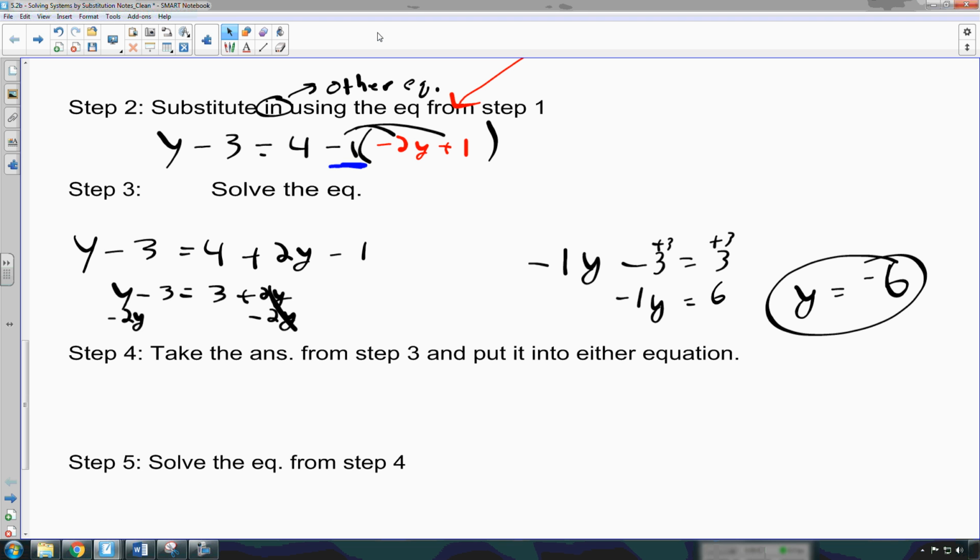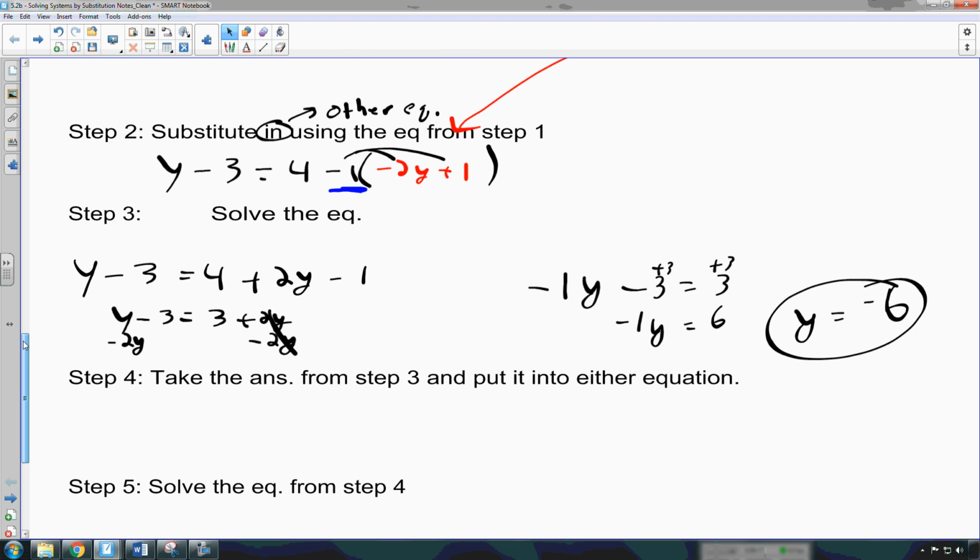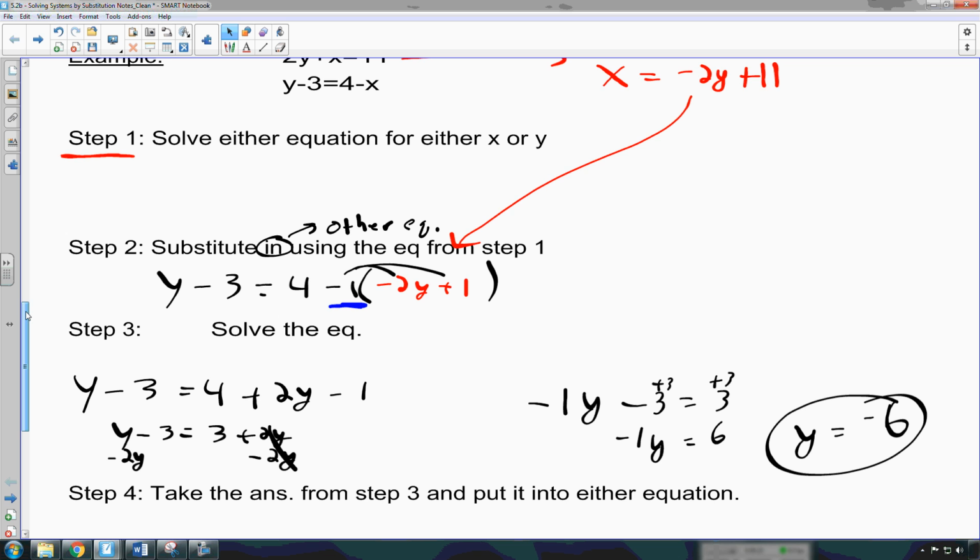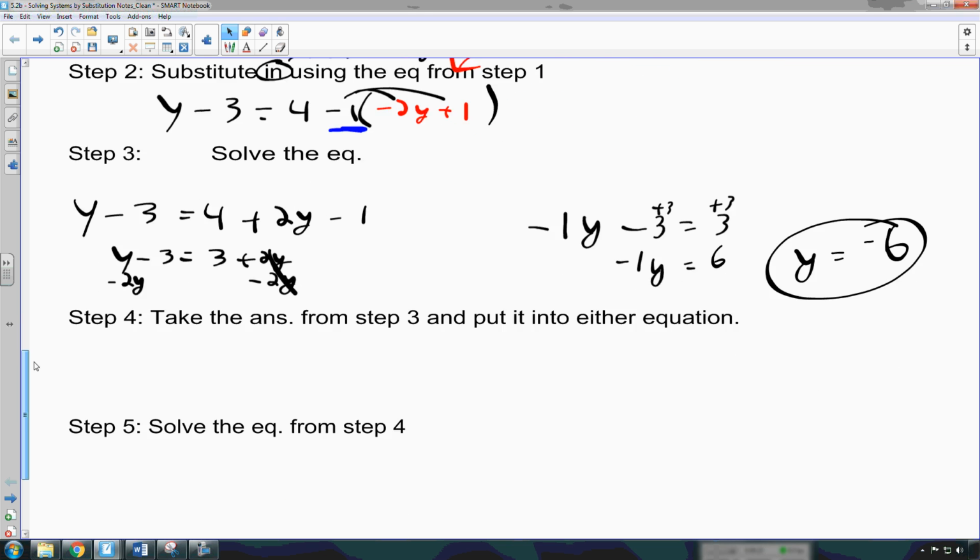And a lot of people stop here and they're just done, but they're not supposed to be done. Because you're supposed to take that answer that I just circled in black and put it back into the other equation, or either equation actually. I like to put it into the red one. See this x equals negative 2y plus 11?